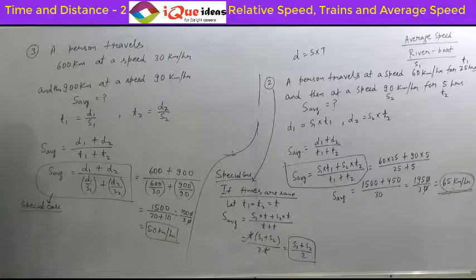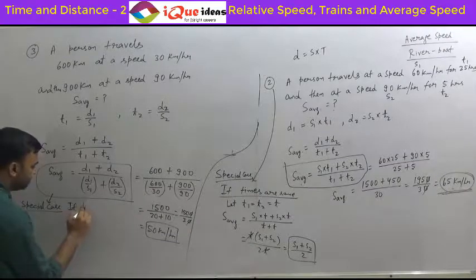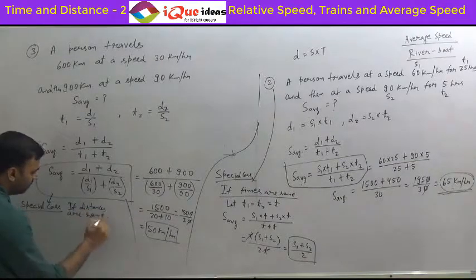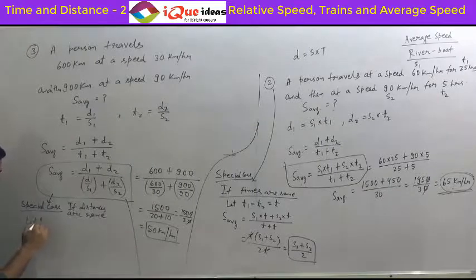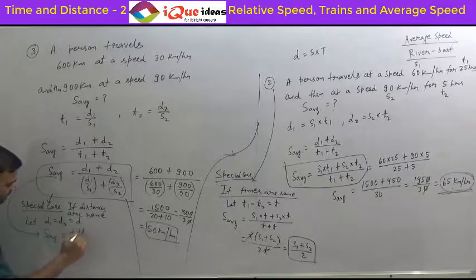What will be the special case? If distances are same, that means let d1 equal to d2 equal to d, then this average speed will become d plus d divided by d by s1 plus d by s2.